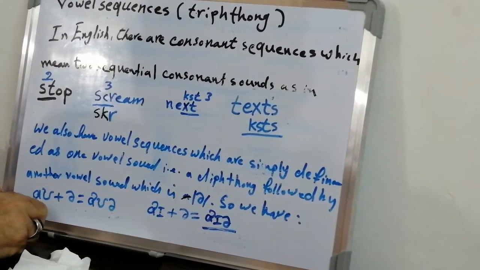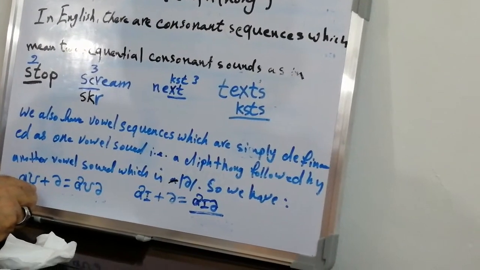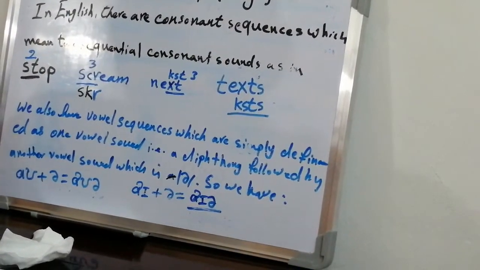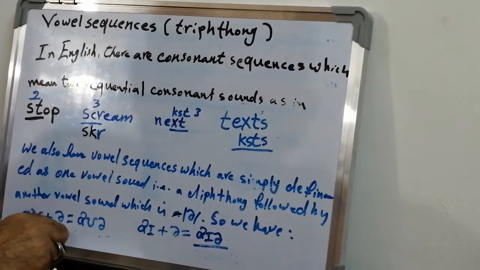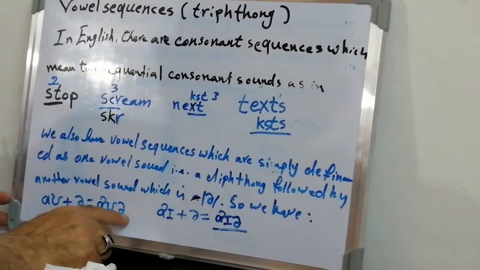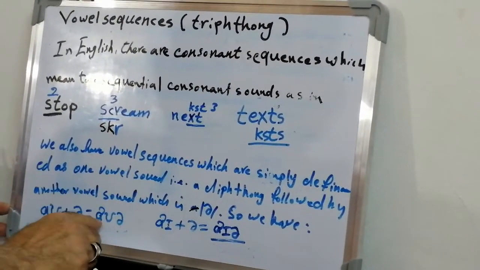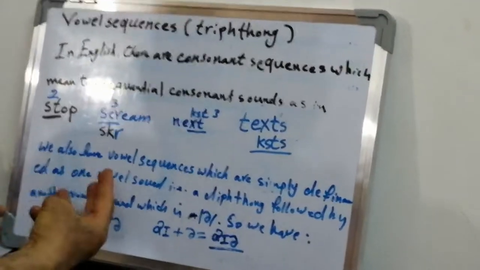Here we have two vowel sounds, the a and the u, but we consider them as one vowel sound. Then plus a schwa. So we are going to have this vowel sound, which is three symbols, three sounds.